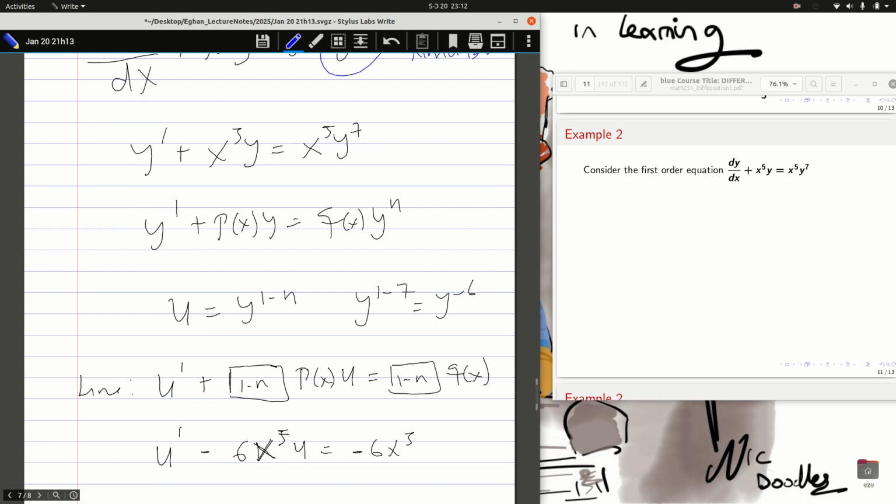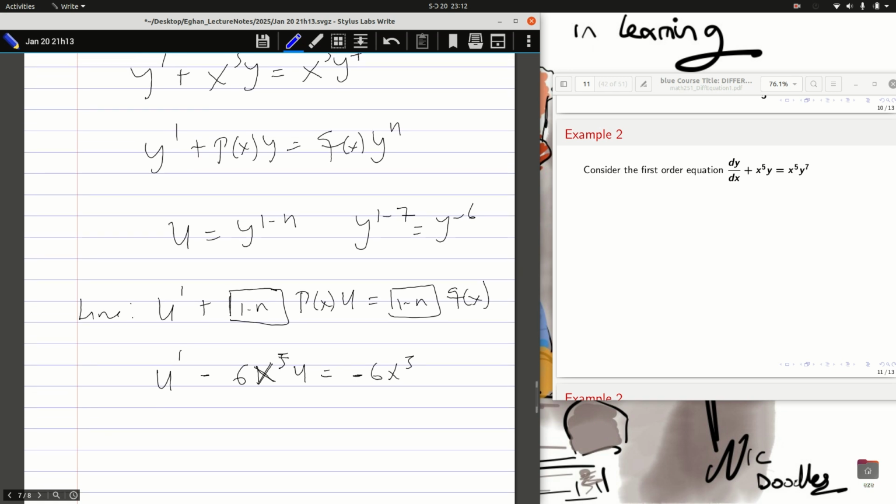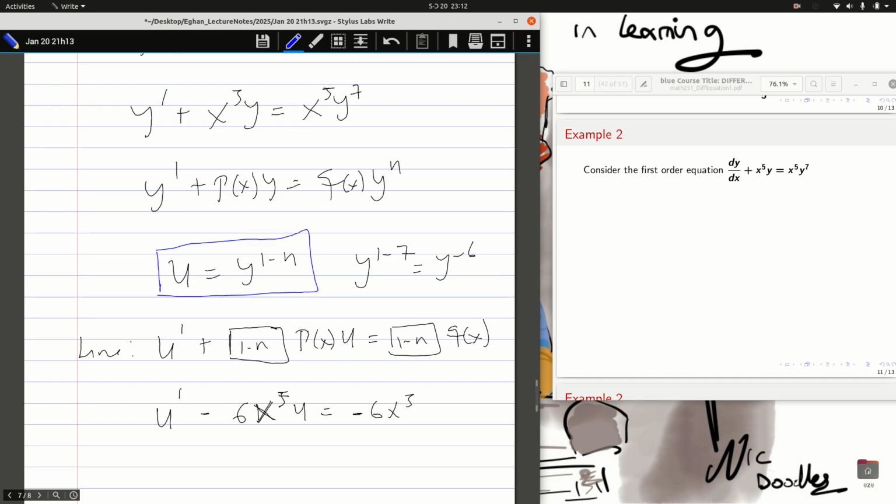So what do we do? I would have used this transformation u equal to y to the power 1 minus n, where n in this case is 7. If I'm comparing it to the nonlinear standard form, you realize that my n is equal to 7.